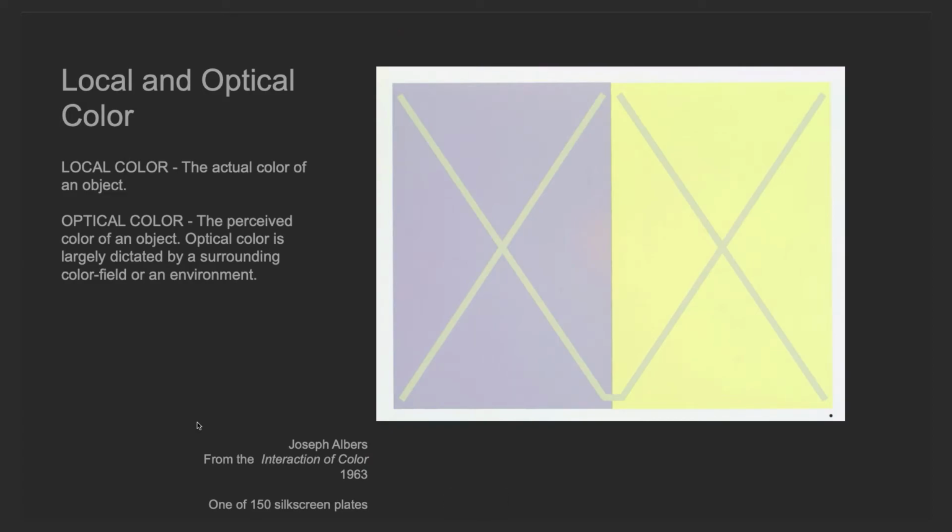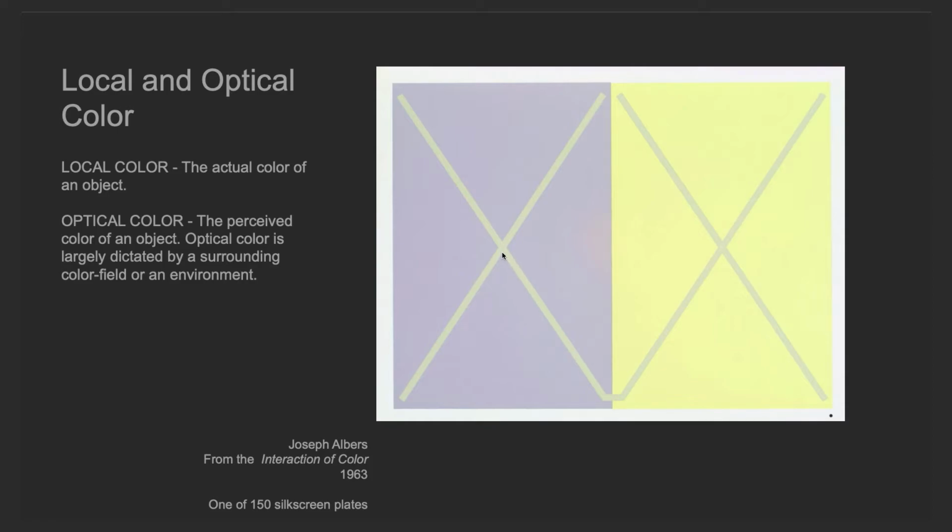There's a local and optical color. Local is the actual color of an object. Optical color is the perceived color of the object. So in this image, we have three local colors. We have a purplish gray and a yellow, and then just a general gray. So we know that, but we also know that this is a trick of the eye.